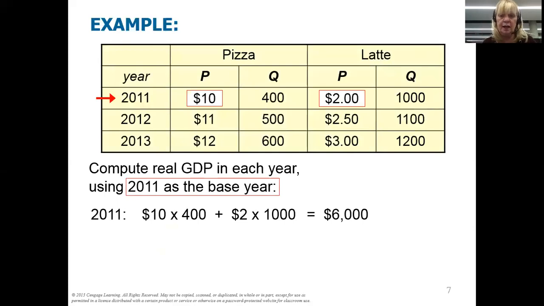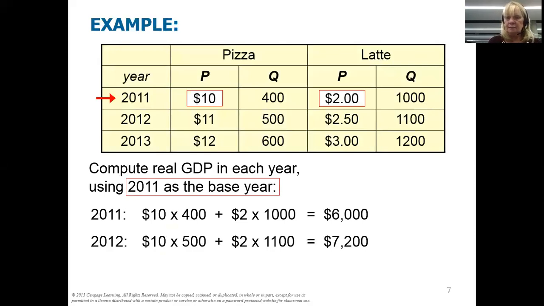But wait till you see what happens in 2012. In 2012, we're going to use the base year price for pizza, $10, but we're going to multiply it by the 2012 quantity for pizza, 500. So we have a total of $5,000 in pizzas.